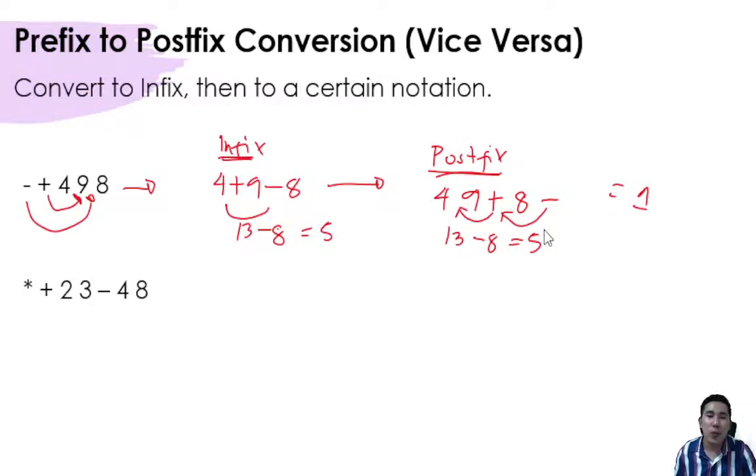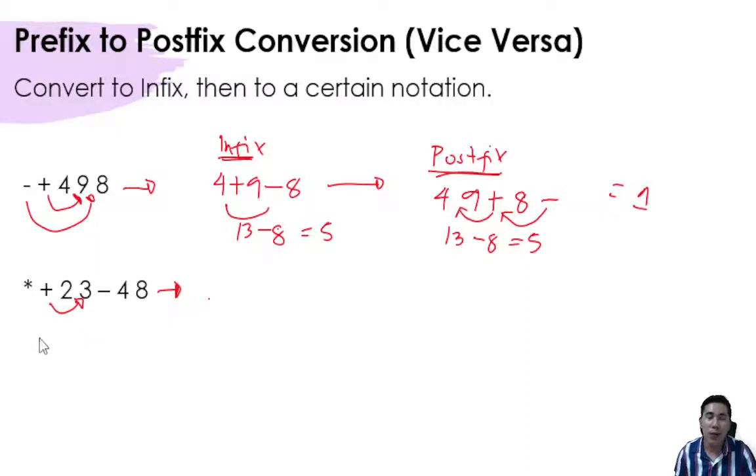Okay. So this time you have here 2, 3 minus 4 and 8. What we are going to do with this one is move it to the right.